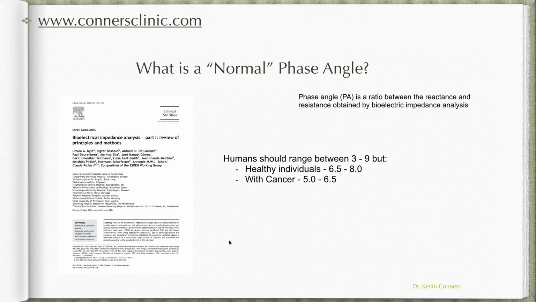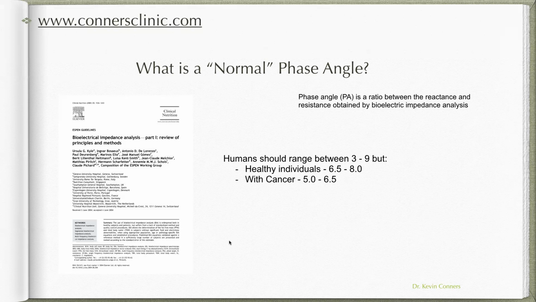So a normal adult with no disease process, fairly healthy, in their 20s is going to have a phase angle usually between 7 and 9. There was a time when I treated a number of the Minnesota Vikings players, and their phase angles were in the high 7s, 8s, up to low 9s. But just because they're wonderful athletes doesn't necessarily mean they eat well, and their cell health is really that great.